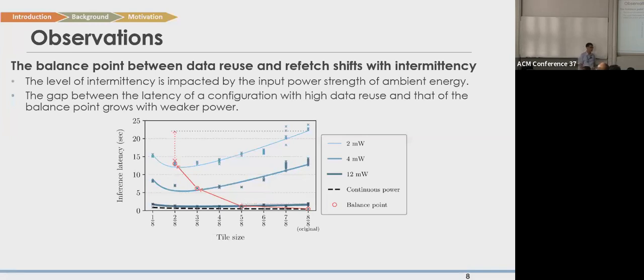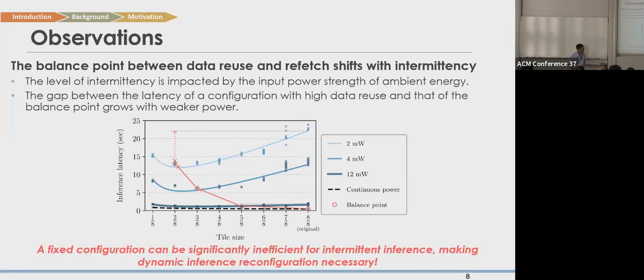That is because when power is weaker, there are more power failures, and data refetch cost is higher and dominates the overall latency. On the other hand, when the power is stronger and stronger, the best tile size will be larger. That is because data reuse will dominate, just like the case for continuous power systems.